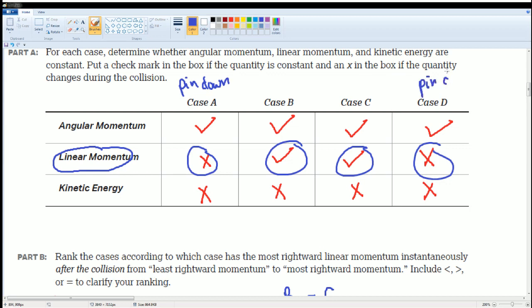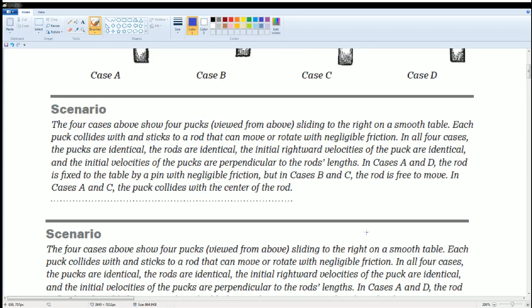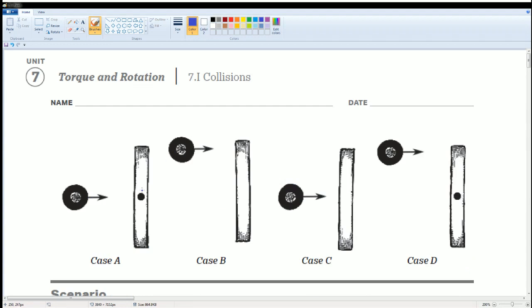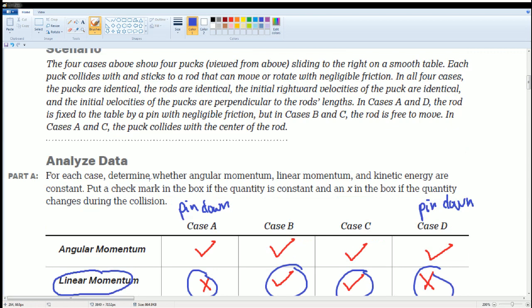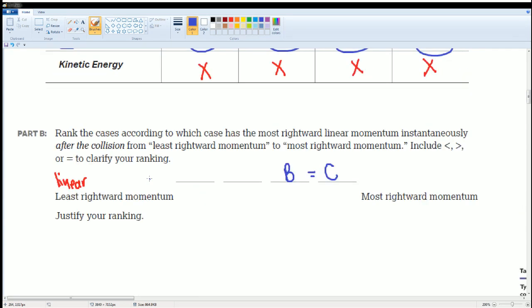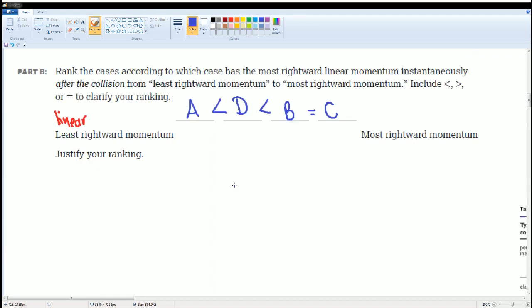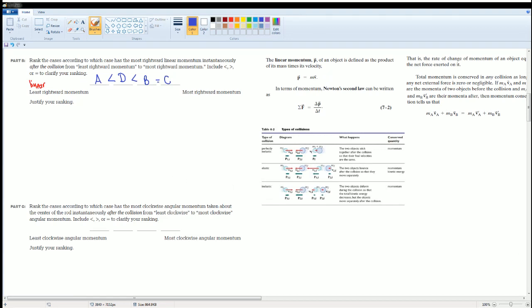Look at the way it's being collided. These are different. So I'm going to write here A and D. D is going to have slightly more momentum than A, but B and C will have slightly more than D. All right, pause the video because here I'm not going to give you the explanation.